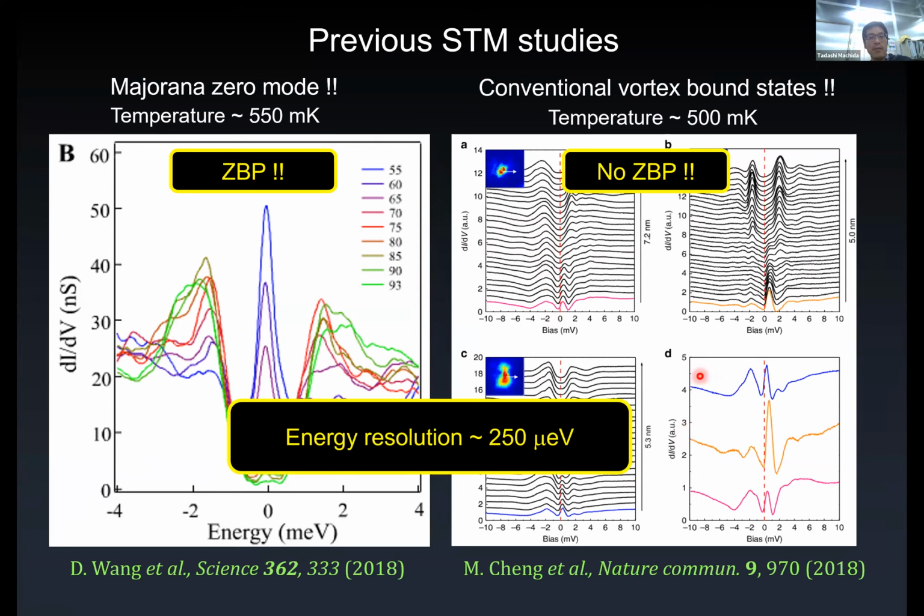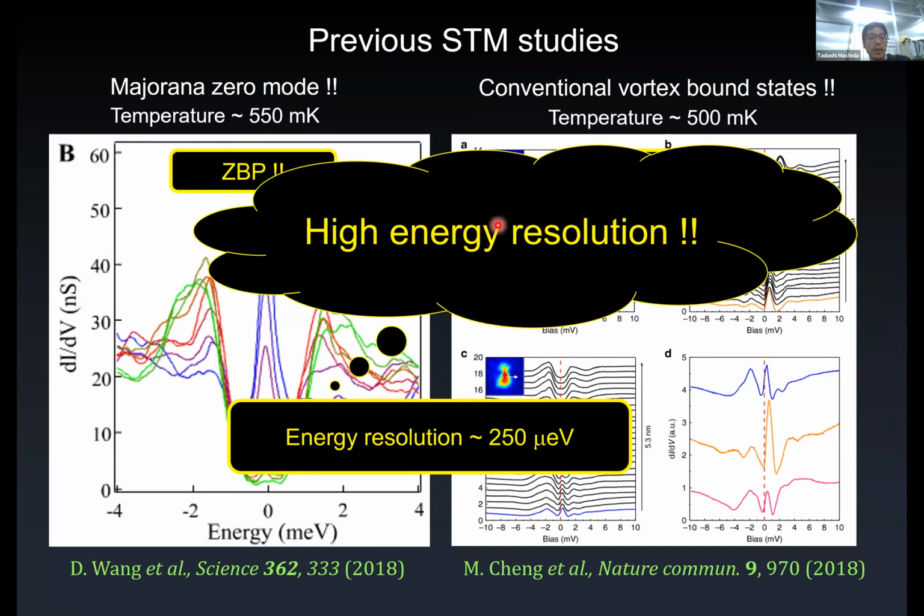I was also wondering whether there may be other hidden factors governing the emergence of the zero energy peak around the vortex core of this material. So maybe we needed more systematic measurements around the vortex core of this material with much better energy resolution.